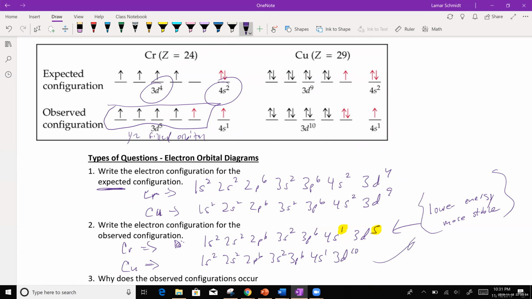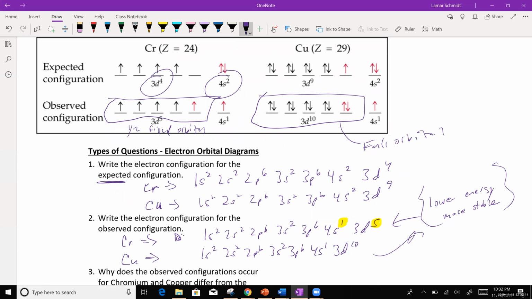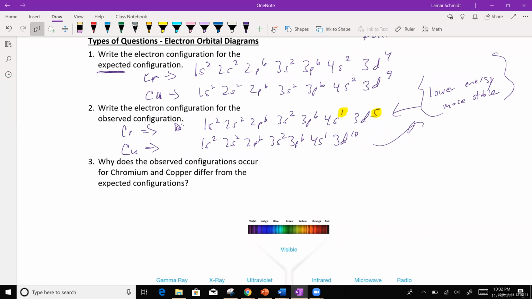The same idea here, but now this causes it to have not a half filled, but a full orbital. And it will cause lower energy and be more stable as well. Okay, and I think I answered question number 3 over here.